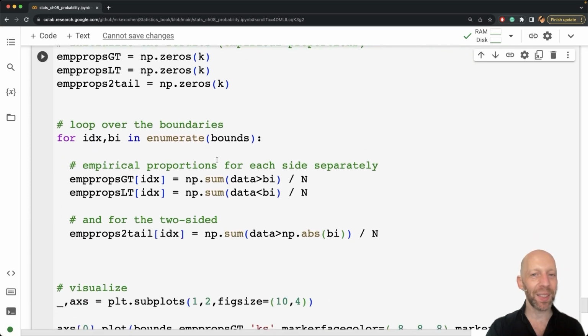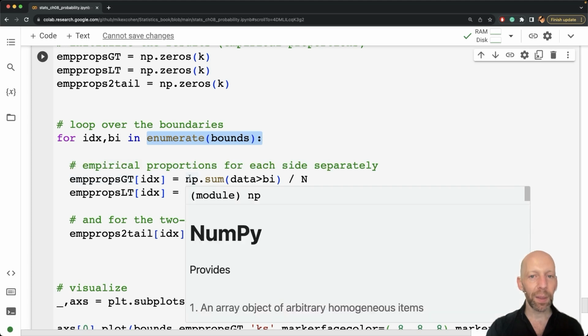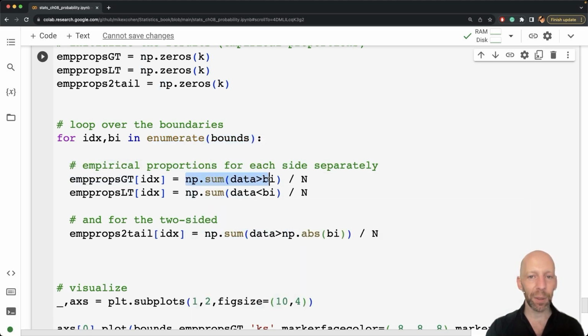Okay, let's see. So here is the key part of this exercise. In a for loop over all of the different numerical values in this bounds vector, which is what I called zeta in the text, here I compute the sum of the data values that are greater than this threshold.